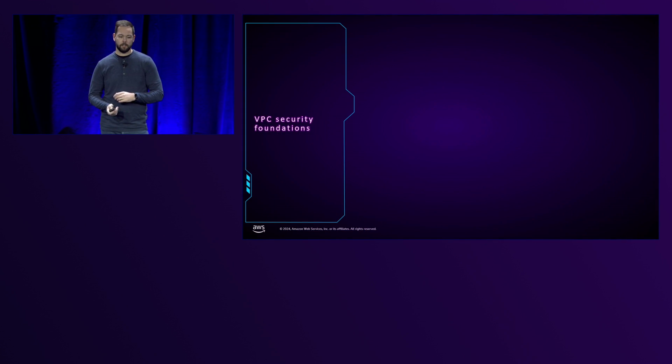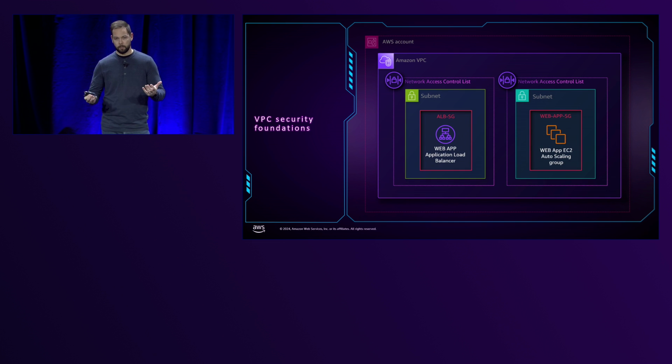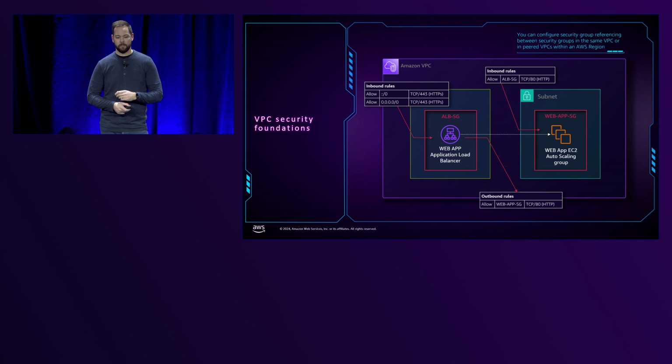And so if we look at what network access control lists and security groups really look like, and you've probably all used these before, the network access control list is basically a stateless rule that you apply to a subnet. A security group is a stateful rule that you apply to an instance, or some other entities, but generally an instance. And if we have a look here, we can actually reference security groups from one to the other.